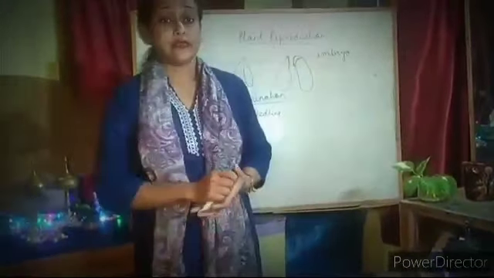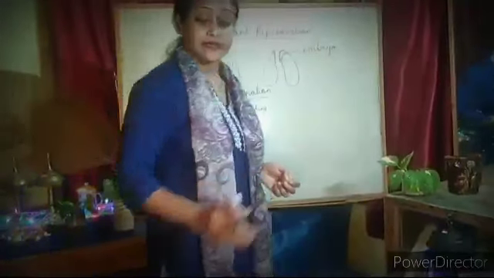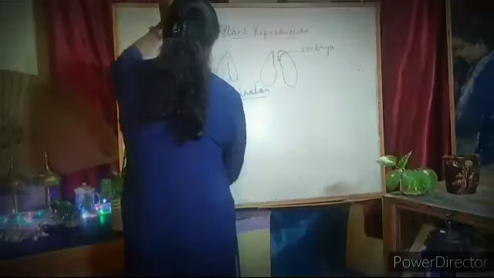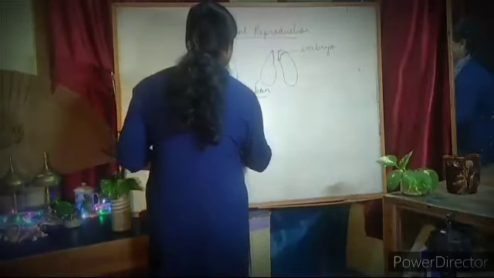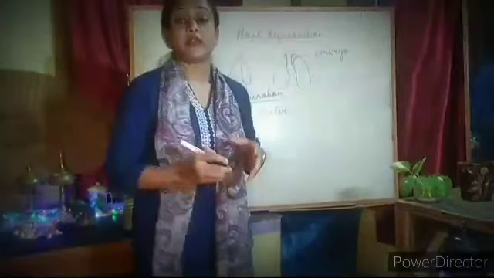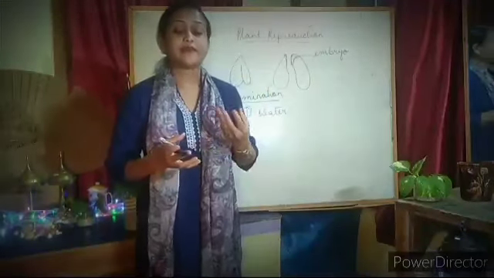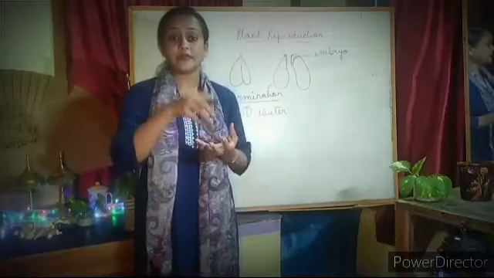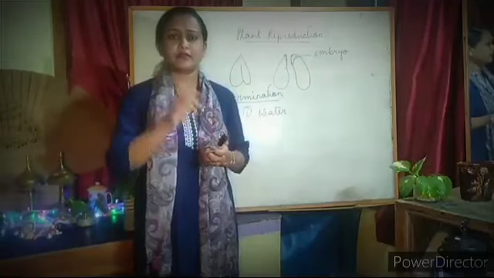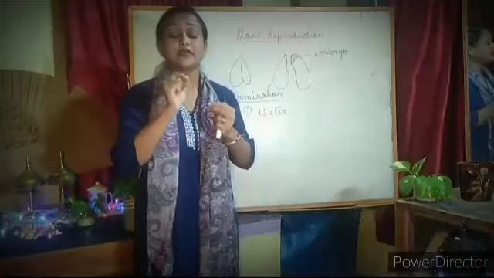There are a few factors that plants need to germinate. What are the factors? First factor is water. A seed needs water to germinate. You have observed that when you soak some seeds in water, small white tiny parts come out from the tip of the seed.